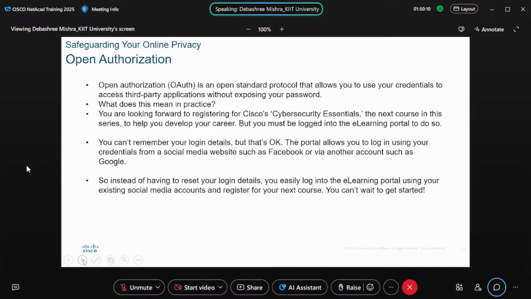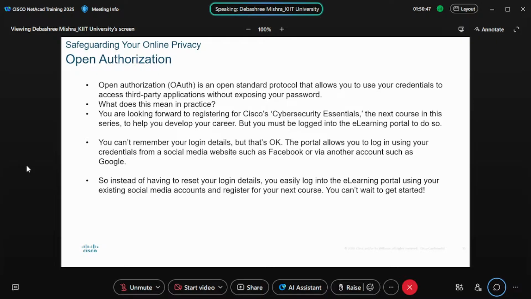The next is open authorization, also known as OAuth. It is an open standard protocol that allows you to use your credentials to access third-party applications without sharing your passwords. For example, you are looking forward to registering for Cybersecurity Essentials. The next course in this series will help you develop your career, but you must be logged into the e-learning portal to do so.